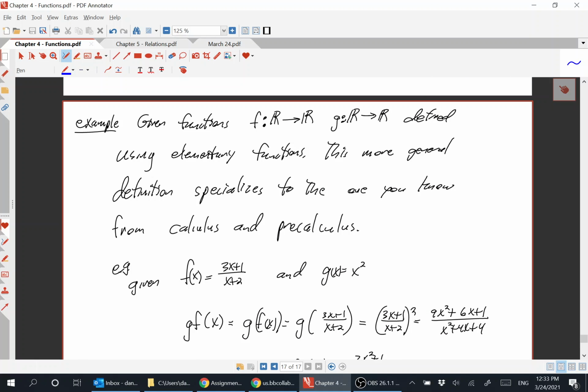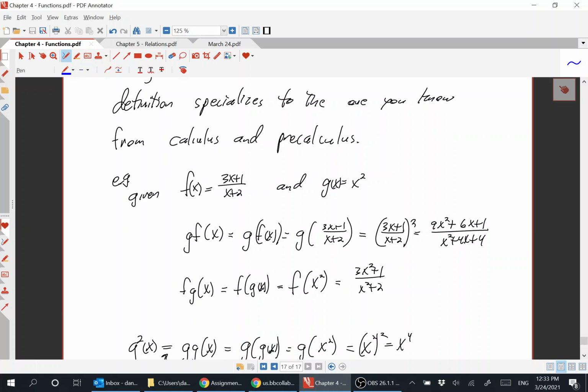And this corresponds, for the special case of functions from the reals to the reals that you used in calculus, pre-calculus and differential equations, to the notion of function composition you had back then. It's just a special case of what we're talking about now.